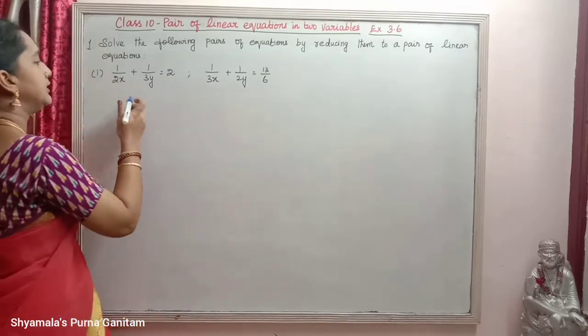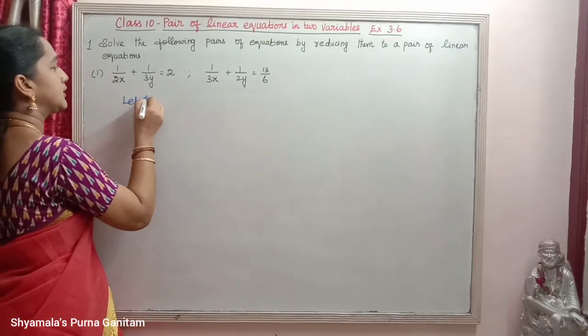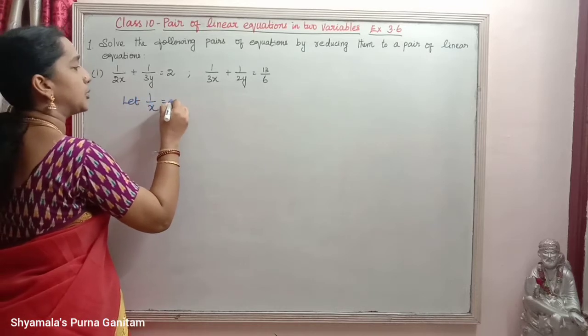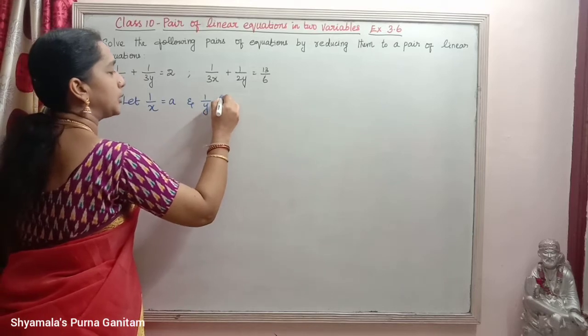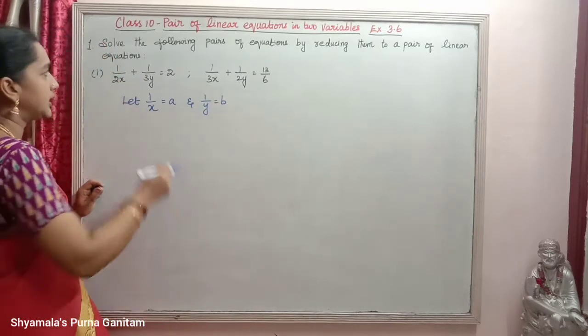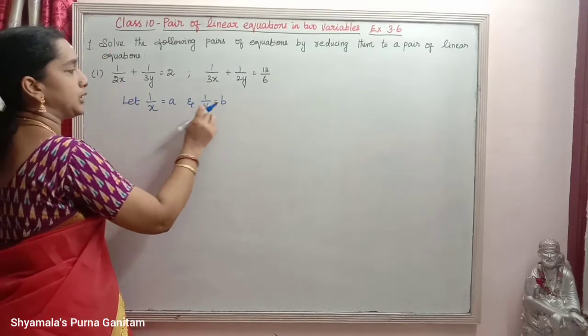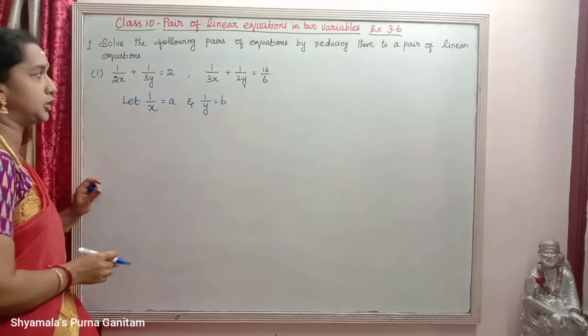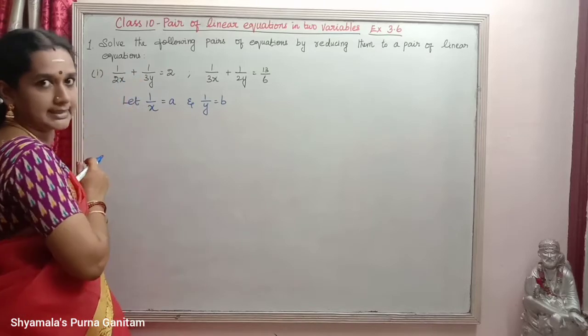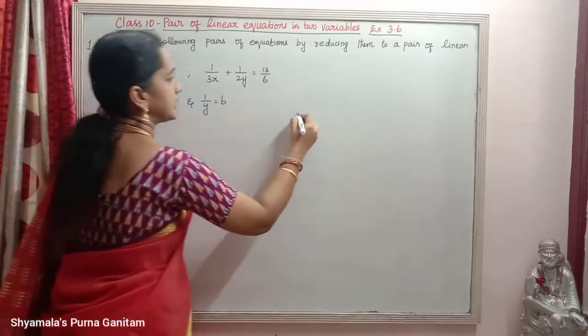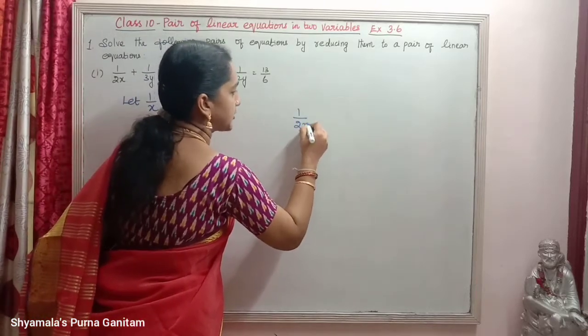So, in this one, we will take, let 1 by x is equal to a and 1 by y is equal to b. Okay, so 1 by x is equal to a and 1 by y is equal to b. If we are taking 1 by x as a, that is, 1 by 2x we are having.